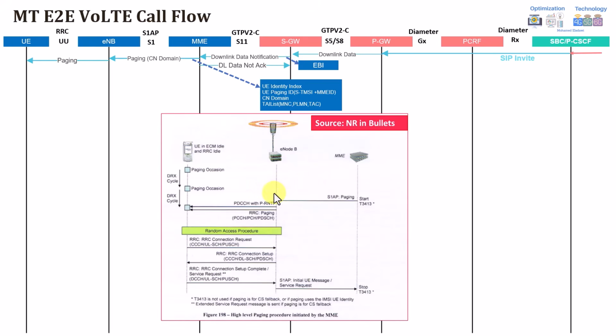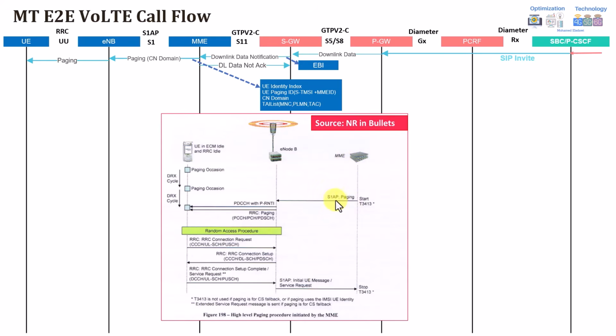Here I would like to explain some information which will be very important in your troubleshooting, and even in optimization, whether from the RAN side or the MME side, to improve the paging success rate, or the paging delay or latency. As you can see in this figure, this is the MME.